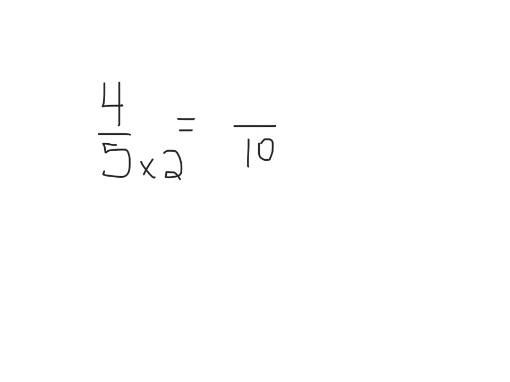Should be a 2 there, and what I do to the bottom, I do to the top. So then I have 8 on top and 10 on the bottom, and so I have to do a little bit of work here first before I can get to my decimal of 8/10.